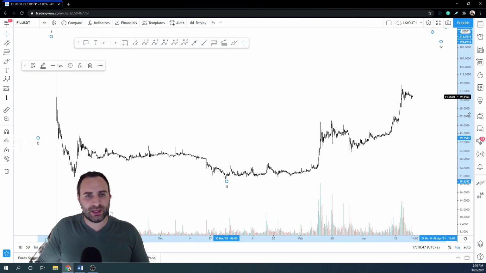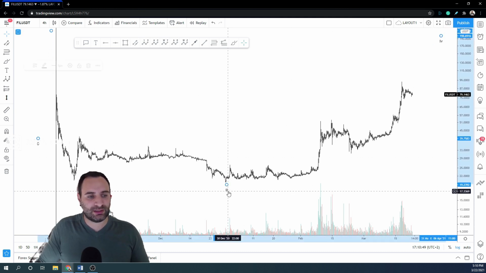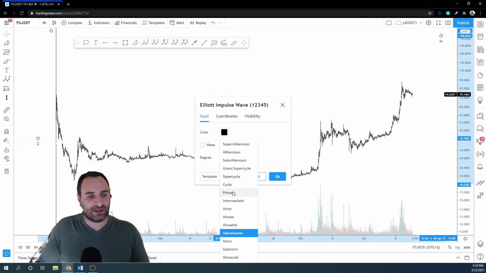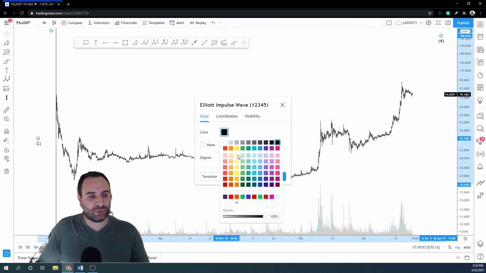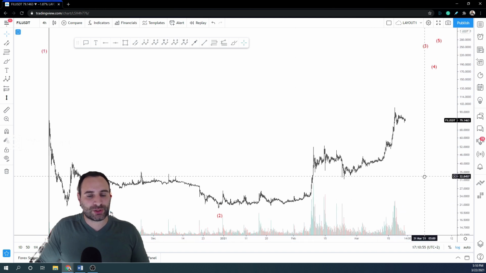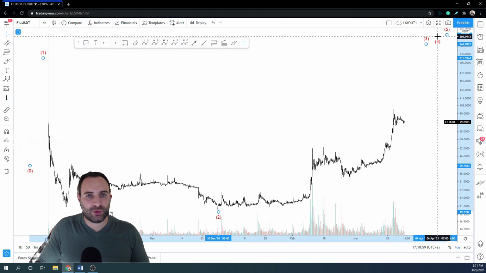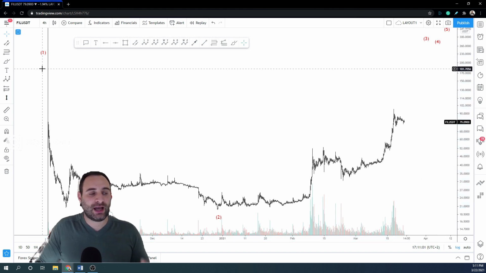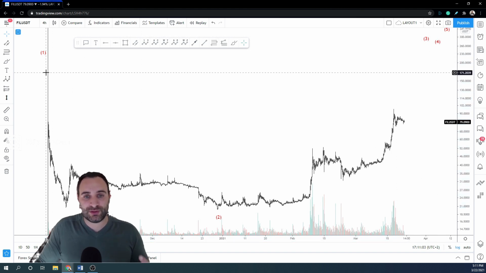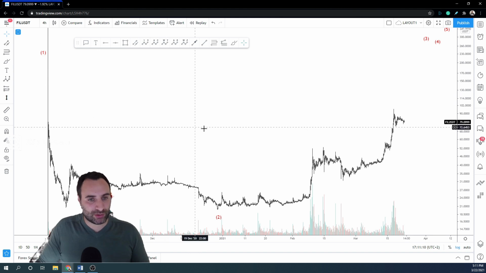But either way, we're looking at these being labeled as wave one, and then down wave two, in the intermediate degree. So in the medium to long term, we are heading for wave three, and this wave three has to end higher than the previous all-time high. Otherwise, it's not really to be considered a wave three. It's most likely going to be considered a correction.